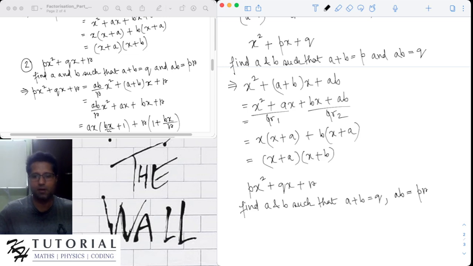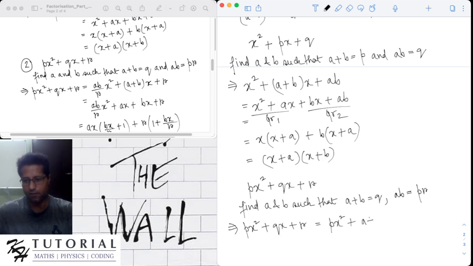Now if you rewrite the given polynomial in terms of a and b, so this is px square, and we know q is a plus b, so we have a plus b multiplied by x, and we have r, which we can rewrite from ab equals pr as r equals ab by p.